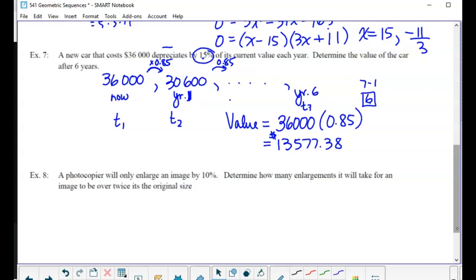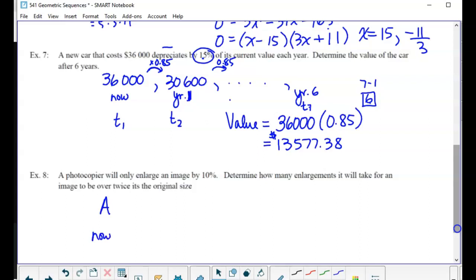How many times do you have to do that to get the image to be over twice its original? So I'll choose some variable to start with. I'm going to choose A for the area, because it's a picture. So that's right now.